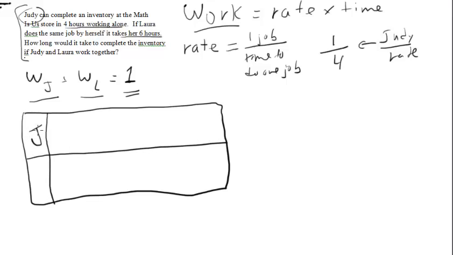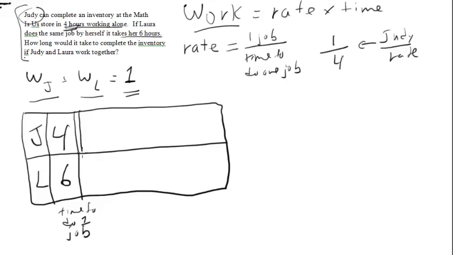So I'm going to make up this chart for both Judy and Laura. And from this, our equation is going to pop right off. So I have Judy in the top and Laura in the bottom. This first box is how long to do one job, the time to do one job. Judy, if we read the problem up here, it says that Judy does the job in 4 hours. So the time for Judy to do one job is 4 hours, and for Laura it's 6.